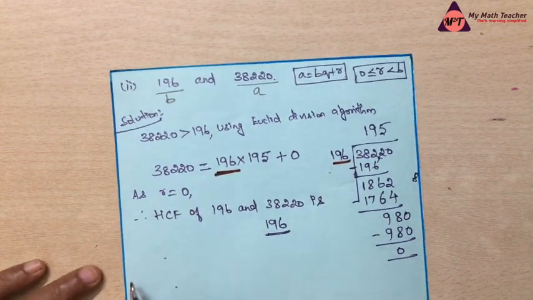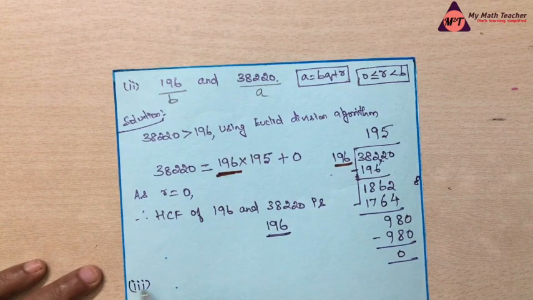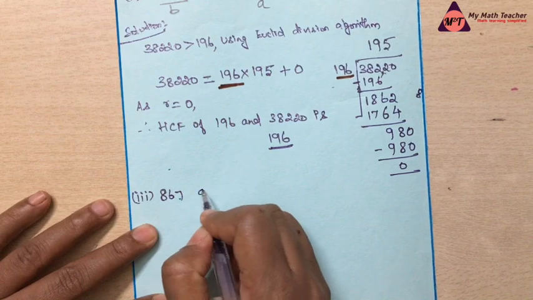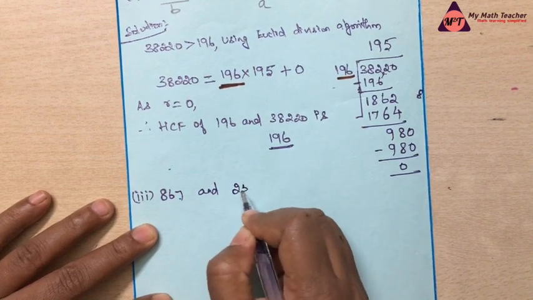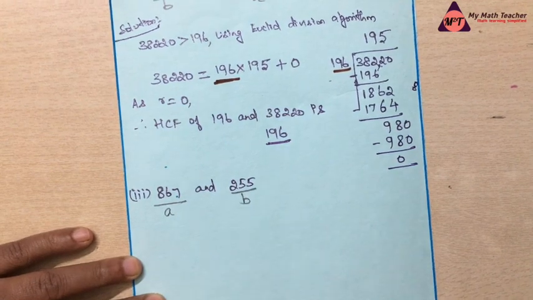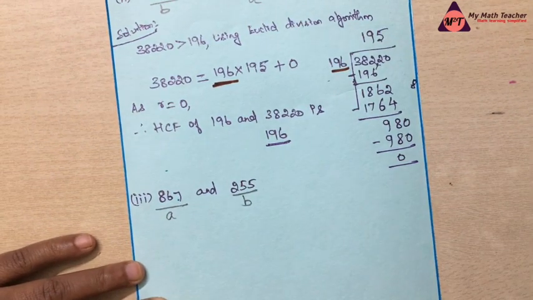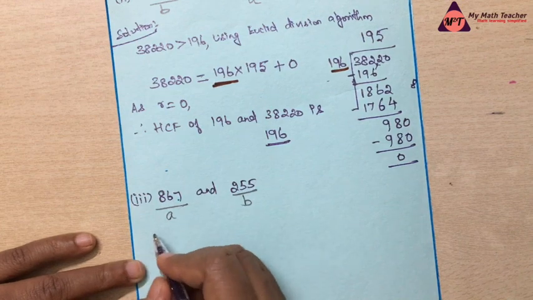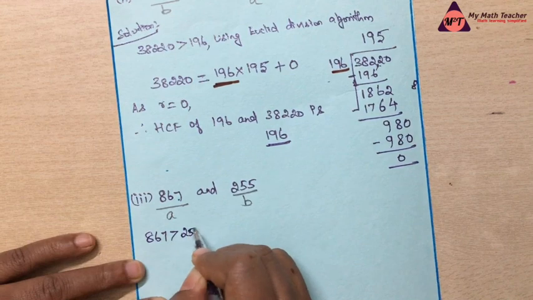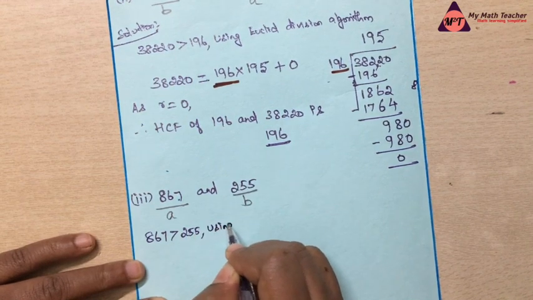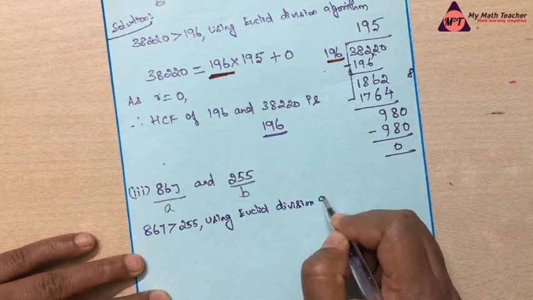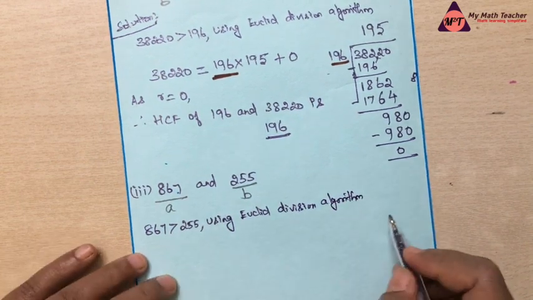Now third subdivision. What is the third subdivision? 867 and 255. This will be A and this is smaller, it will be taken as B. Now 867 is greater than 255. We have to perform the division.